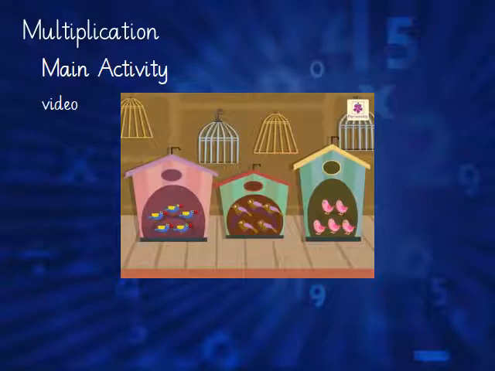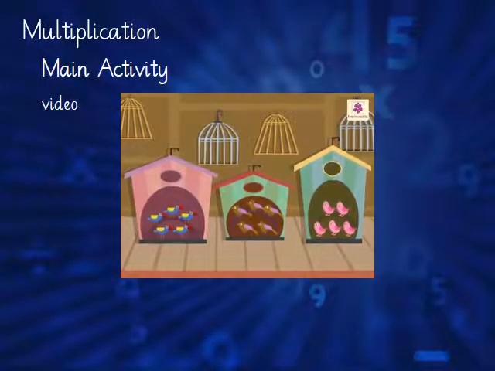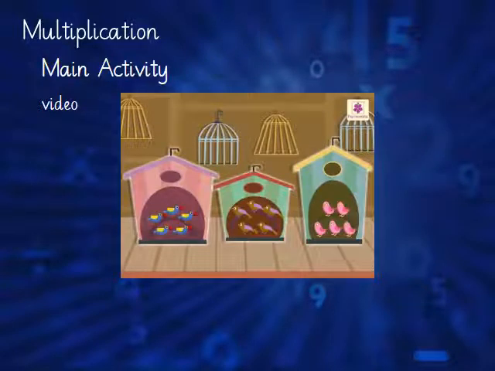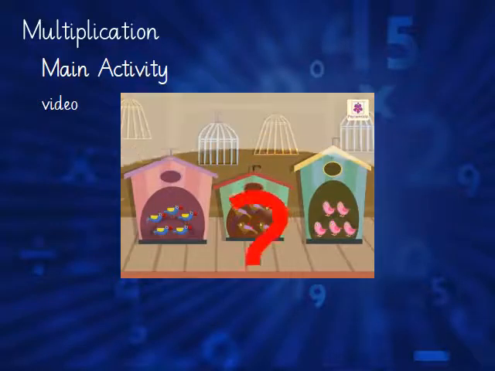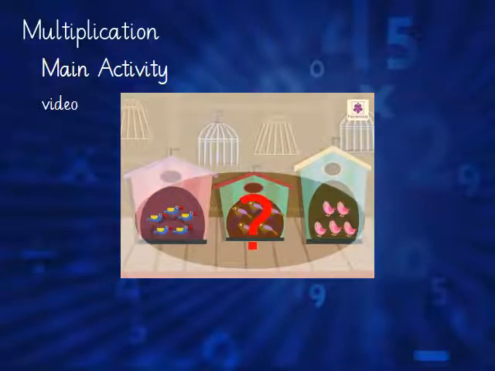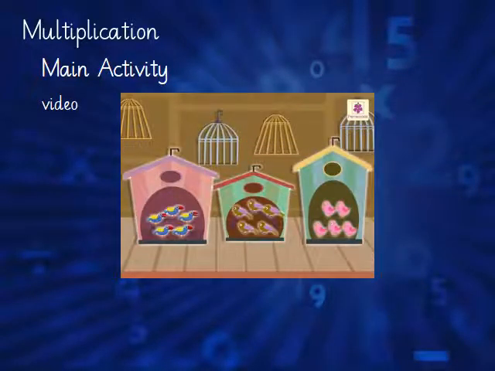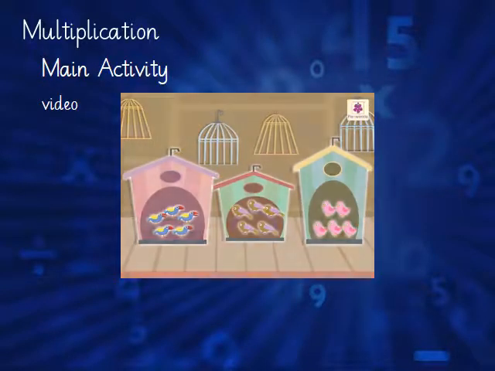Now, let's look at another example. There are 3 bird houses. There are 5 birds in each bird house. How many birds are there in all? To get the total number of birds, we add the number of birds in all the 3 bird houses.